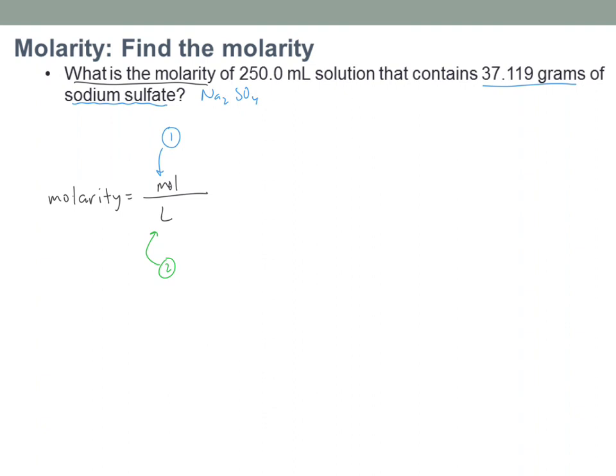If you don't remember what a molar mass is, it's just adding up all of the atomic masses of your compound. So if I have Na2SO4, let me draw that a little lower, that doesn't look like a subscript.